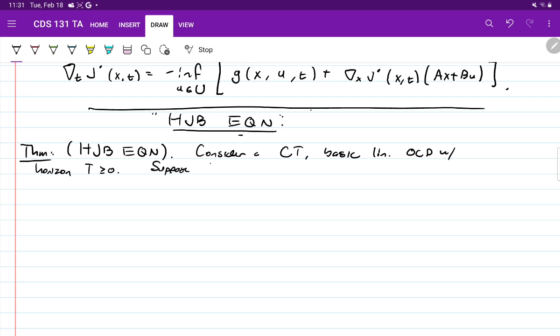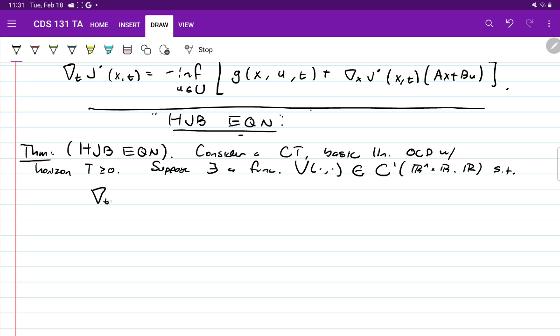Suppose there exists a function V, going to take in 2 arguments. It's going to be continuously differentiable from Rn cross R into R, satisfying the Hamilton-Jacobi-Bellman equation.